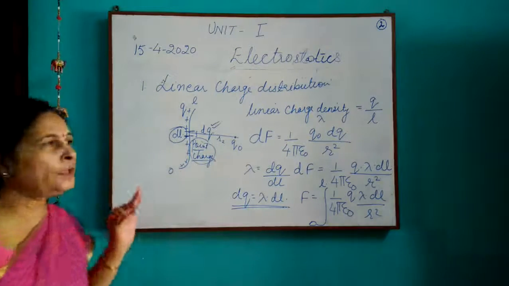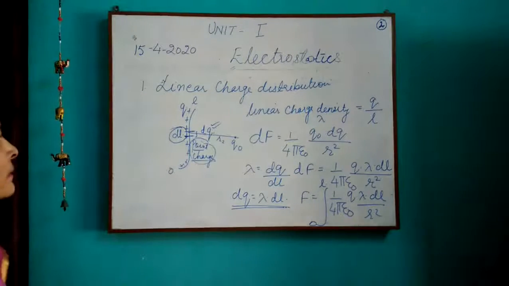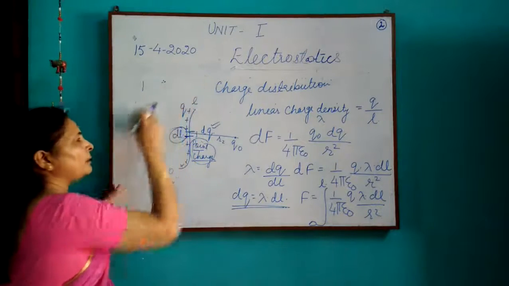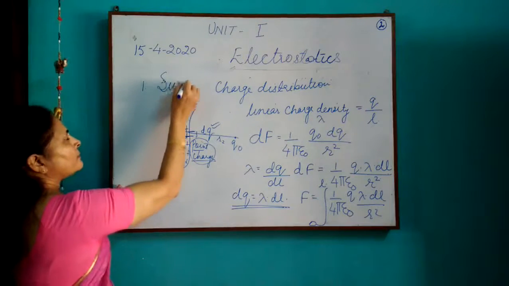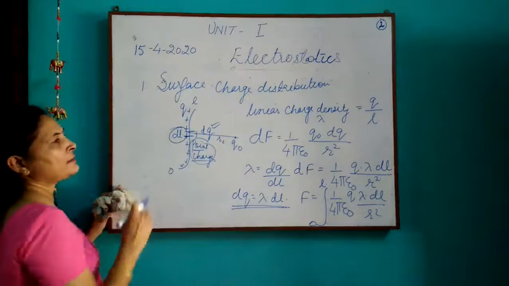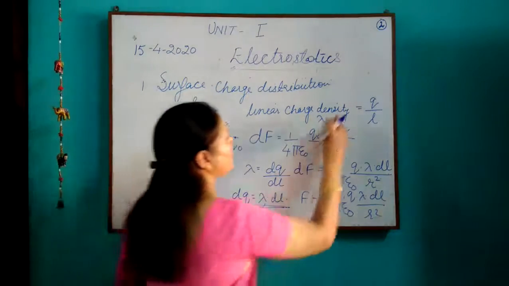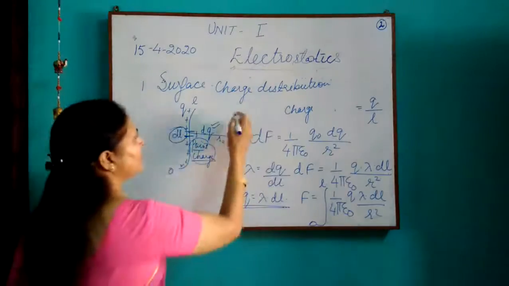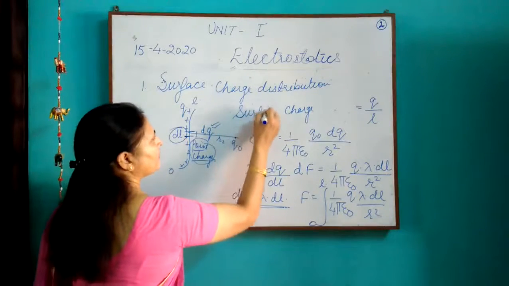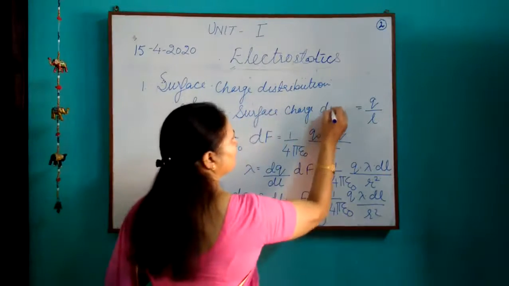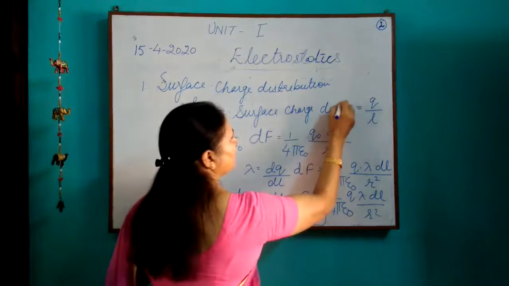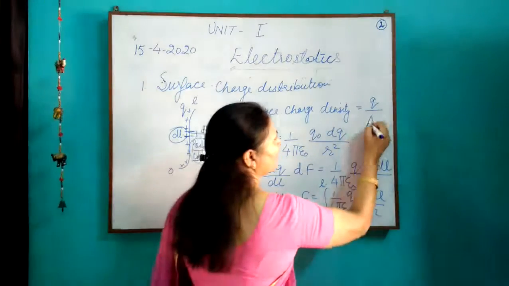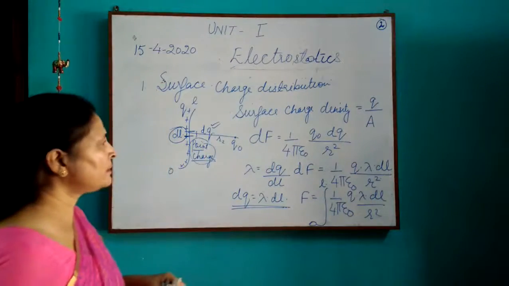As I said earlier, the charge can be distributed over a given length. The charge can also be distributed over a given surface. Then in that case, we define in exactly the same manner surface charge distribution, and we will now define another physical quantity, that is surface charge density, and it will be Q upon the area of the surface.